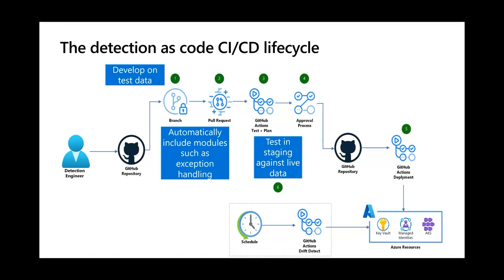Typically, the next step would be to connect another branch, the one you merge into a staging environment, another workspace that's separate but works against real data. The advantage of that is that you do get to see if the feature works as expected, but you don't generate, in the case of analytic rules, incidents that would bother the analysts.